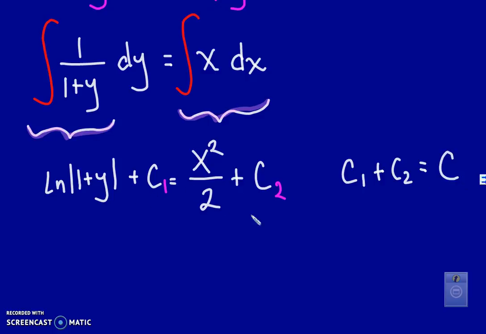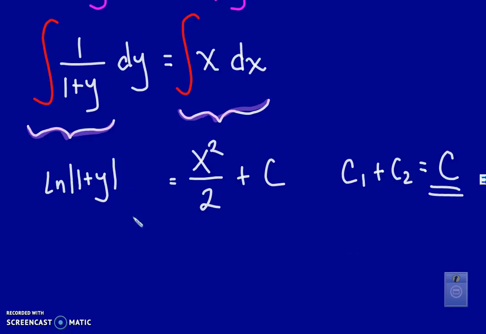Whether you add or subtract, a constant minus a constant, it doesn't matter what they are, will always produce another constant. So on the AP test, you can just keep it as one constant. You don't even have to put it on the left-hand side.